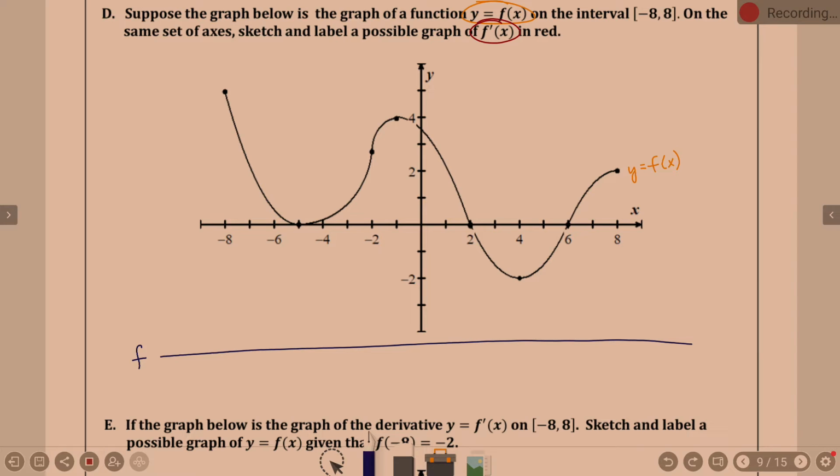I'm going to put some key numbers that I see on here, such as -8, -5, -2 might be key, -1, 2, maybe 4, 6, and 8. Just anything that could be a key number, I put on.